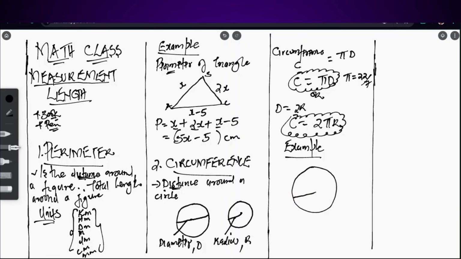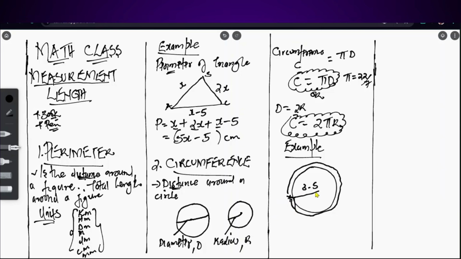So we have a radius of 3.5. I want to get the distance around this circle. If I begin here, what is the distance if I move all around this circle until I come back to the place where I started from? How do you get that?